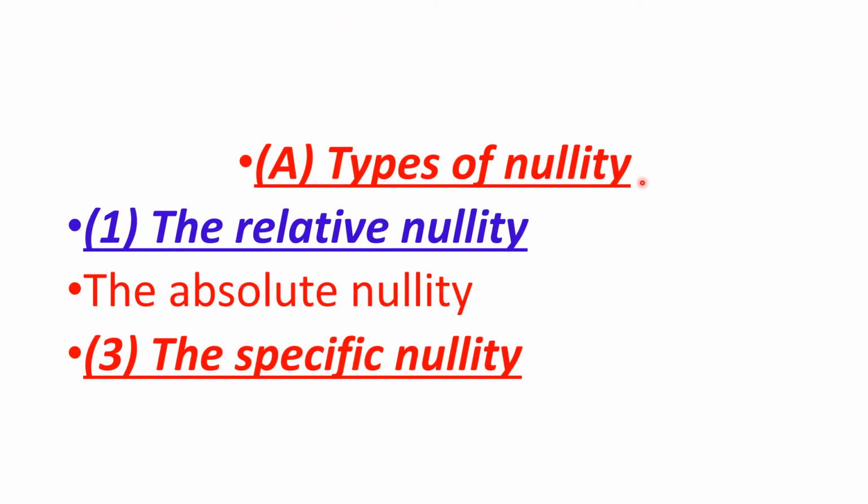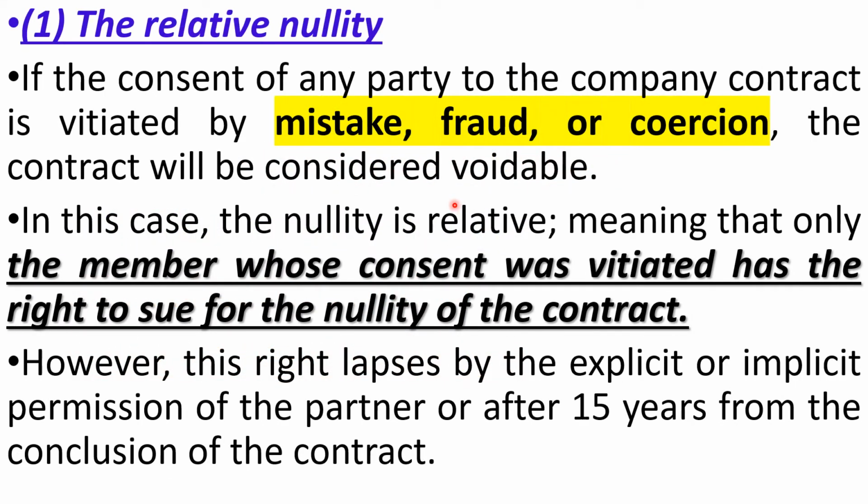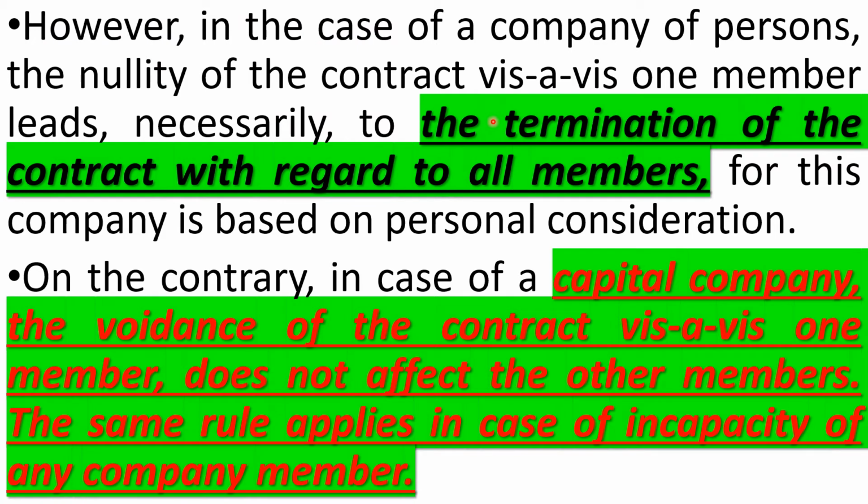Types of nullity: relative, absolute, specific. Relative nullity happens if the consent between the parties has mistake, fraud, or coercion. In this case, the member whose consent was vitiated has the right to sue for nullity of the contract, and this partner can request the termination of the contract with regard to all members.